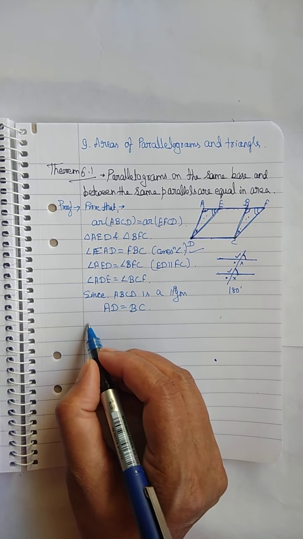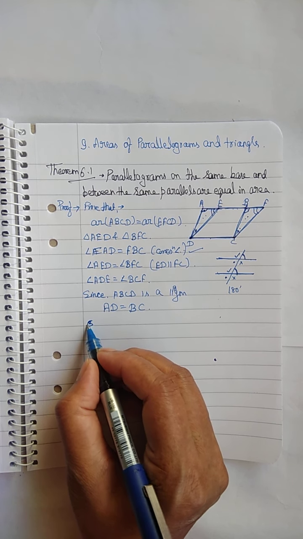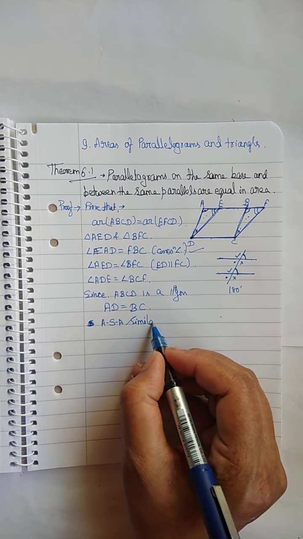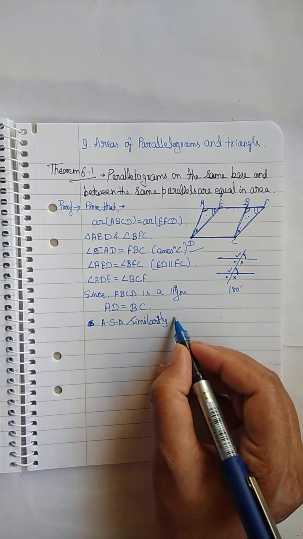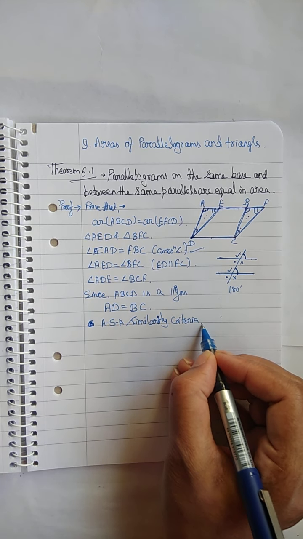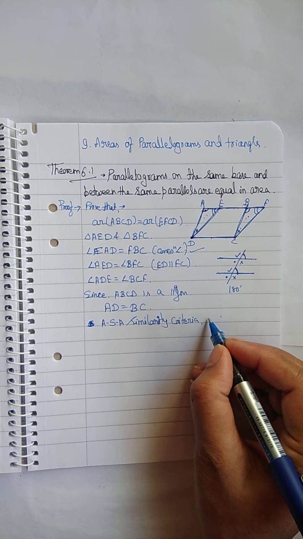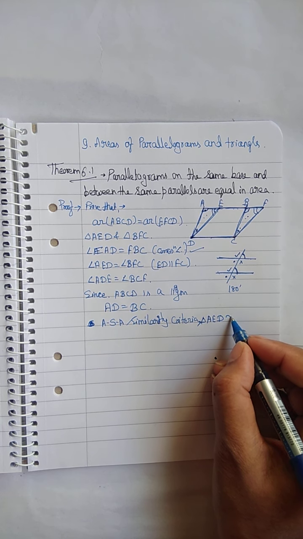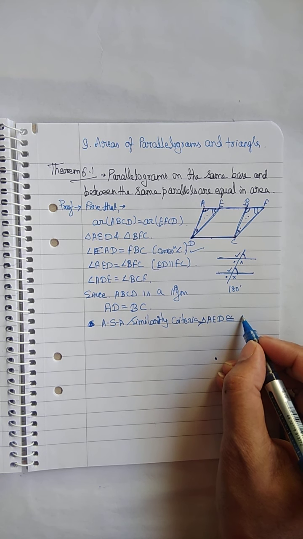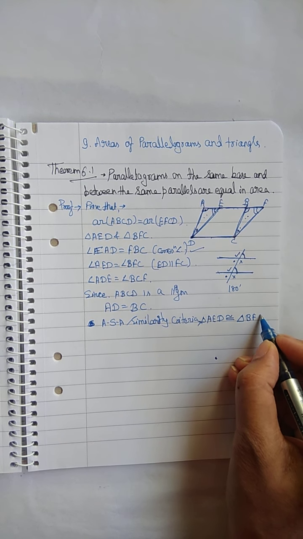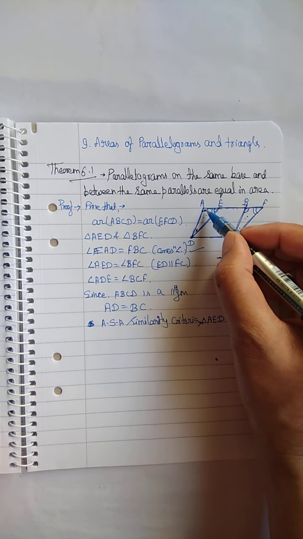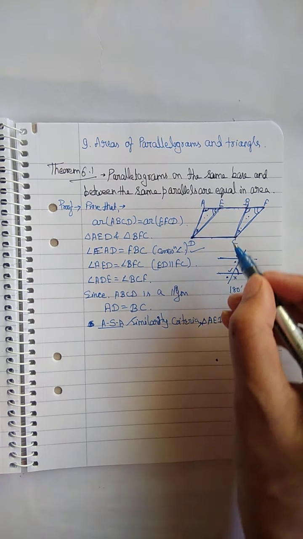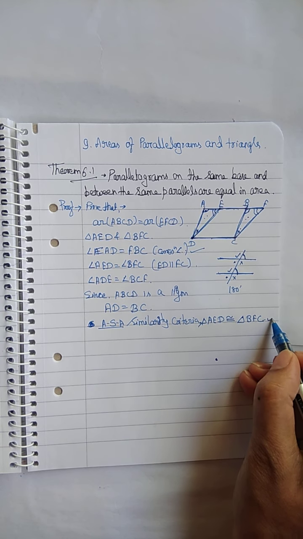So let me write that according to the angle, side, angle criteria, triangle AED is congruent to triangle BFC. Correct? Angle, side, angle.